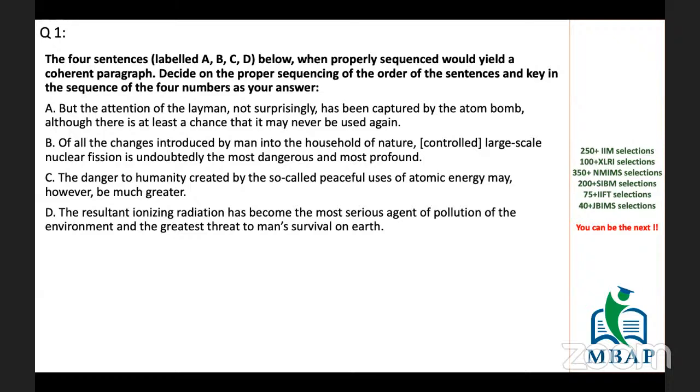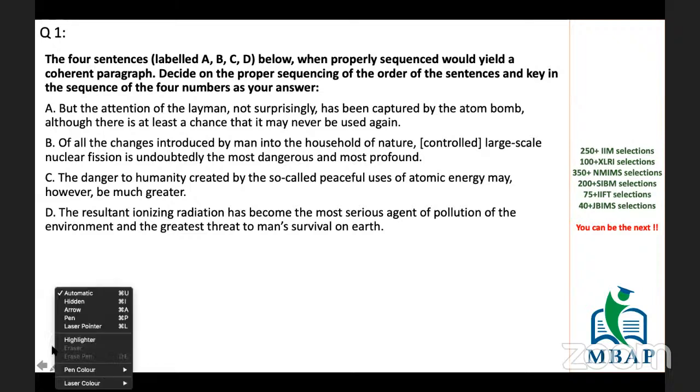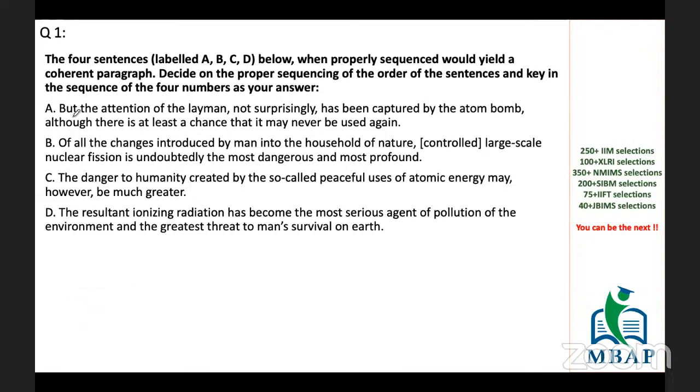Now, let's see. But the attention of a layman, not surprisingly, has been captured by the bomb, although there is at least a chance that it may never be used again. So first hint is here. You must have seen that most of the time whenever we say but in a sentence, we are about to say something absolutely new, mainly a contradiction.